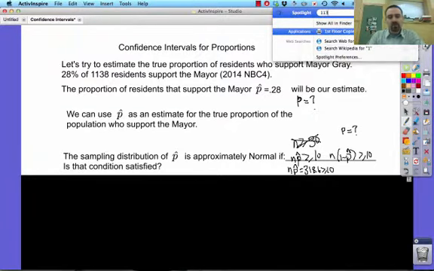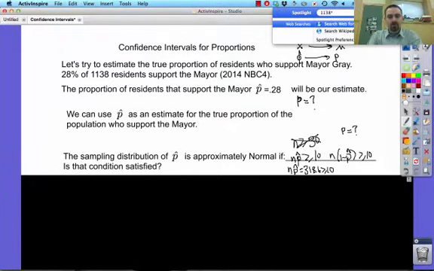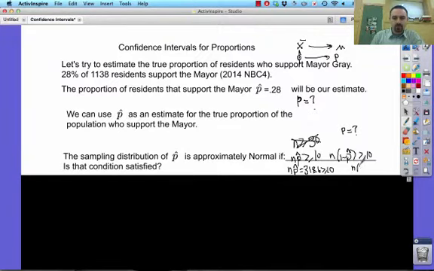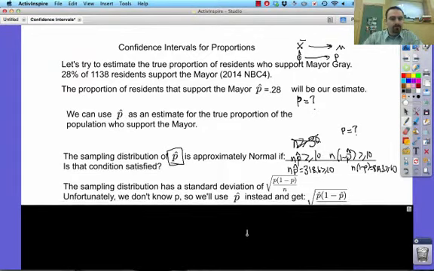Okay, 1138 times 1 minus 0.28, and we get 819.3. That's also bigger than or equal to 10. Okay, so in this case, yes, the sampling distribution of p hat is approximately normal. Okay, all right, move on.